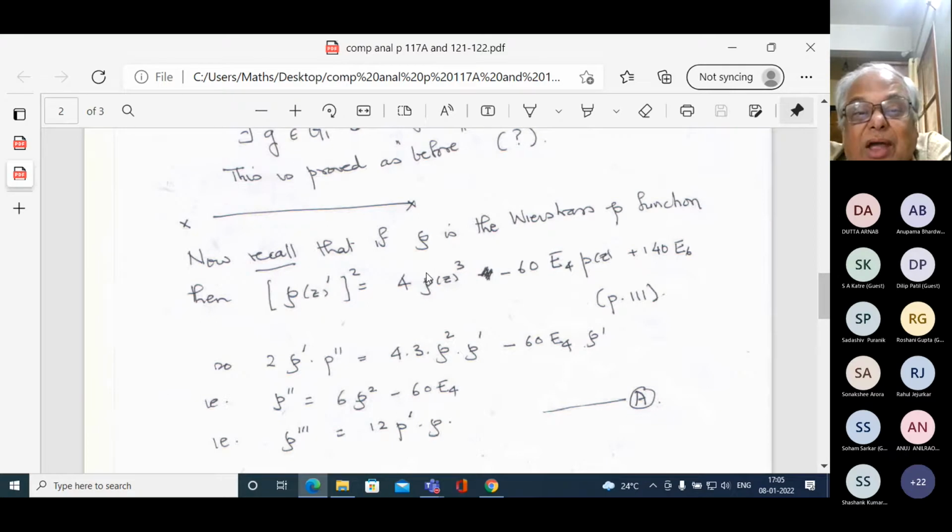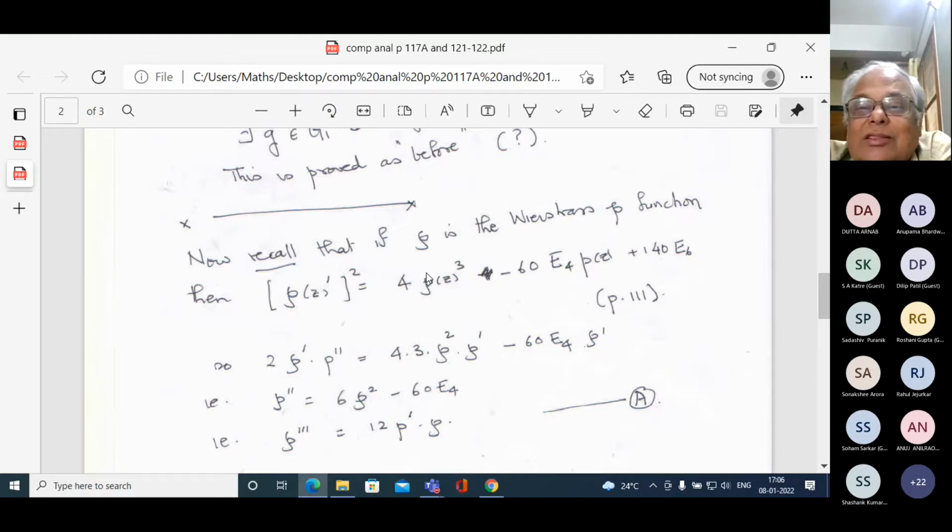We know that P is the Weierstrass P function, and P prime squared is a cubic in P. On page 111, I checked this: we have shown that P prime squared is equal to 4P cubed minus 60 E4 P plus 140 E6, where E4 and E6 are the Eisenstein series.